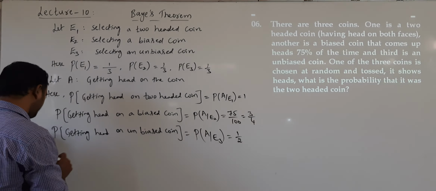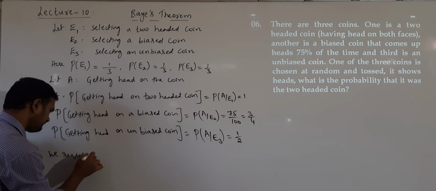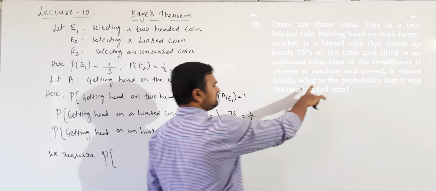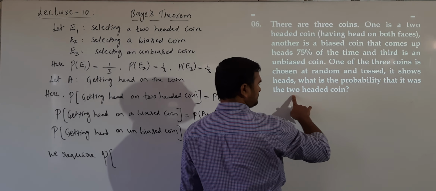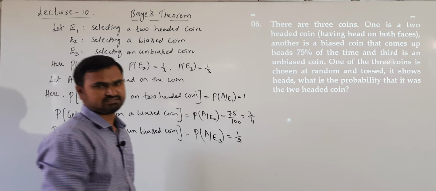Now what do we require? We require the probability that it was a 2-headed coin when we know that the result on the coin is head.